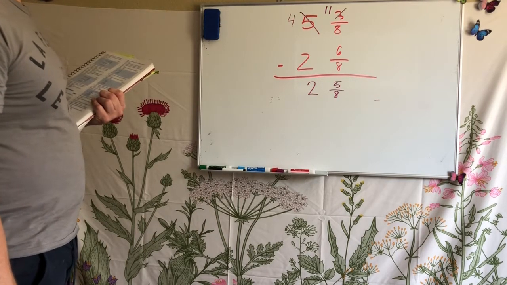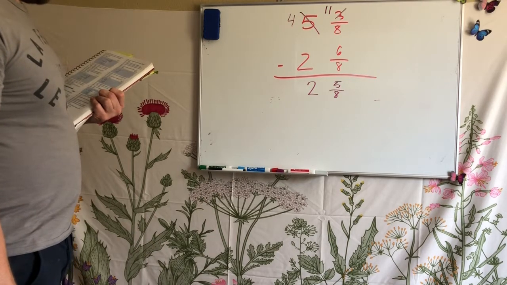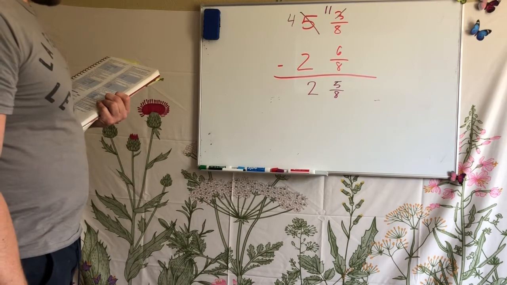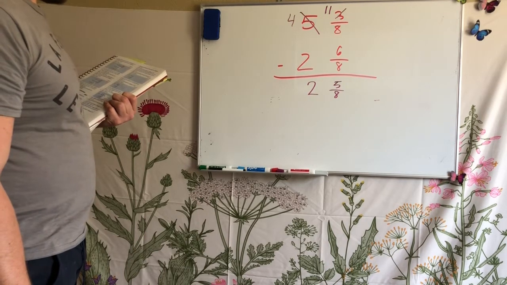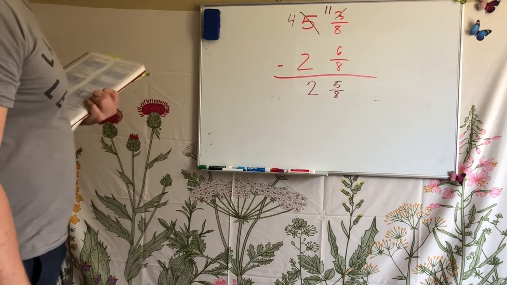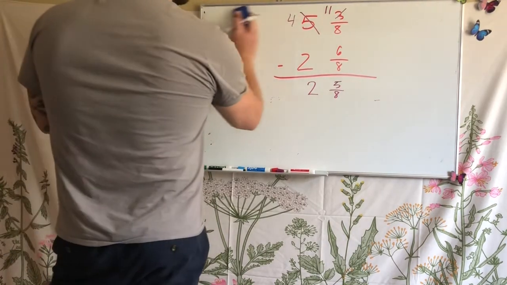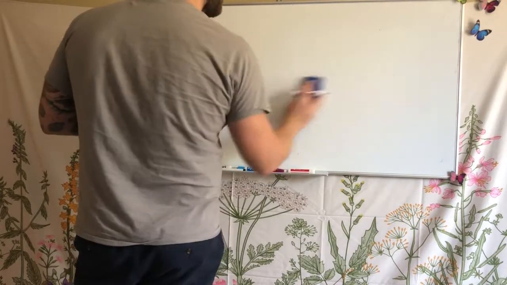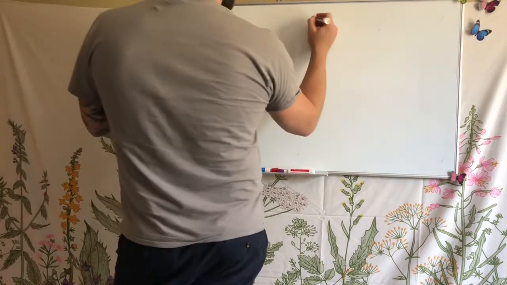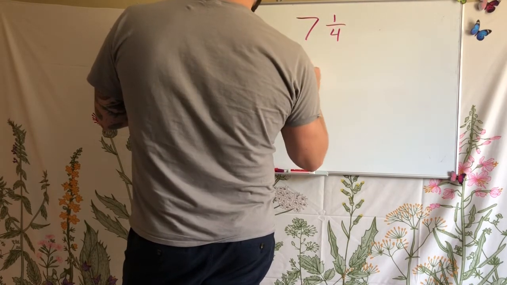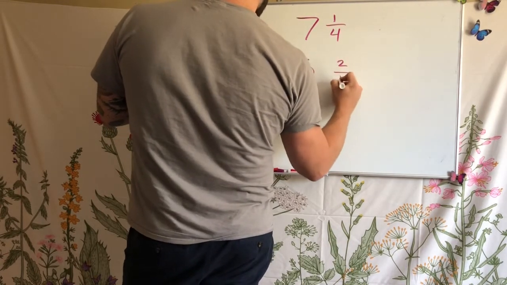So, now we are going to move on to problem B. New equation, 7 1/4 minus 5 2/4.